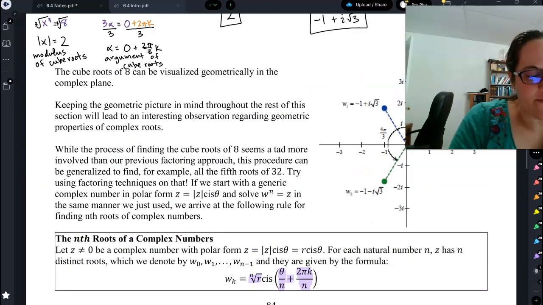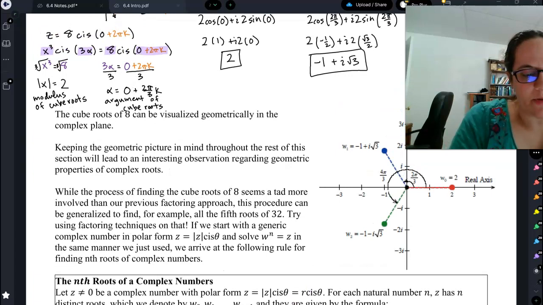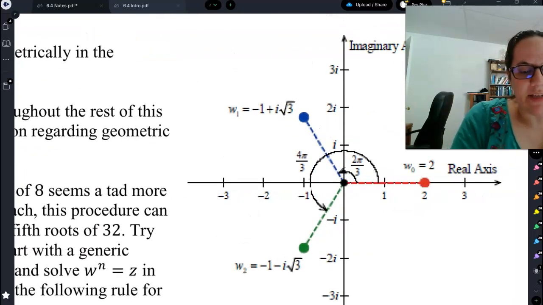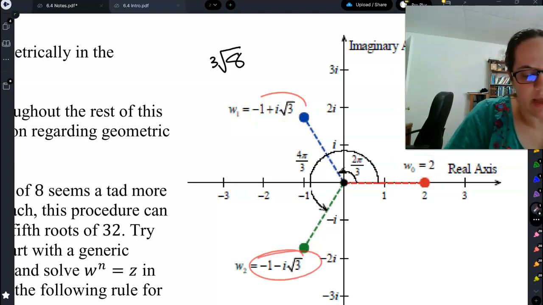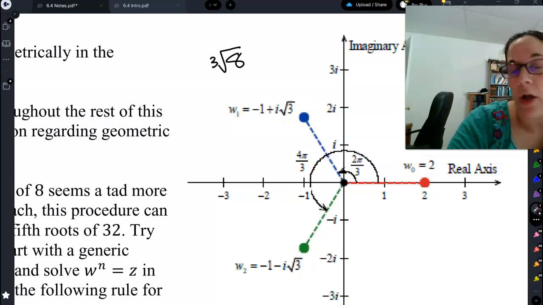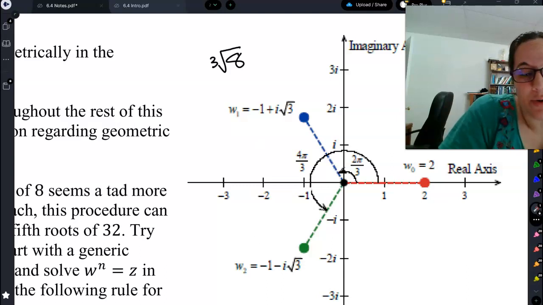Now, one last thing for this video before we practice this rule a couple times is I wanted to show you what these look like visually. If I take the cube roots of 8, which was these 3 answers, I had 2, negative 1 plus i root 3, negative 1 minus i root 3, and I graph them, I get this graph, which you'll notice is pretty artistic here.